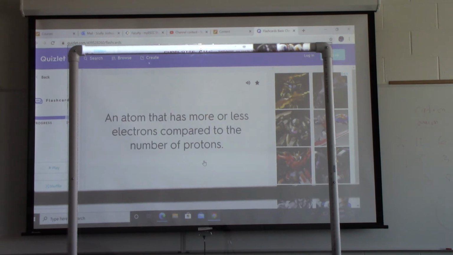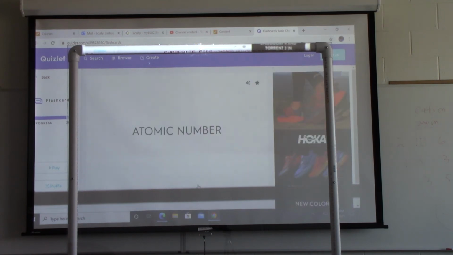For instance, sodium always has 11 protons, and usually it has 11 electrons, but sometimes it'll only have 10 electrons. That would make it an ion. So if the number of electrons doesn't equal the number of protons, it's an ion, and therefore it's either positively or negatively charged, which we'll get into figuring out.